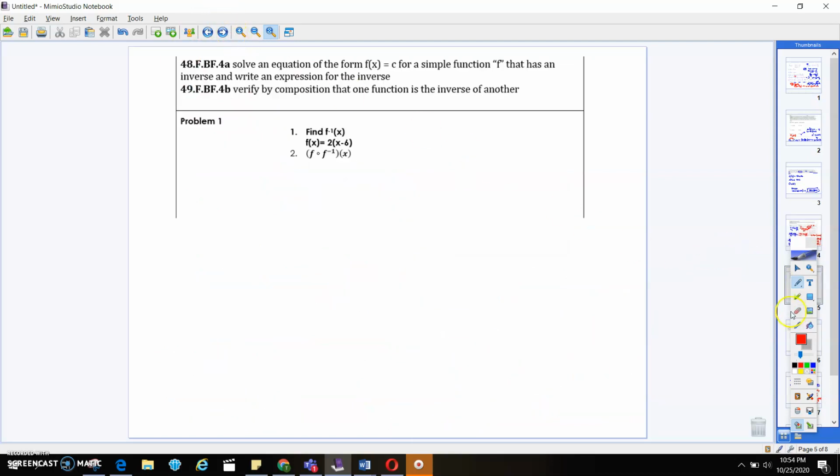All right, and last little section that we talked about was actually finding inverses and then applying that concept of the composition. So really quick, on this one, it says find f to the negative first power of x. This is saying find the inverse function, okay? So we're going to have f of x, which is 2x minus 12, or you could write it out as y equals this and make my life a little bit easier.